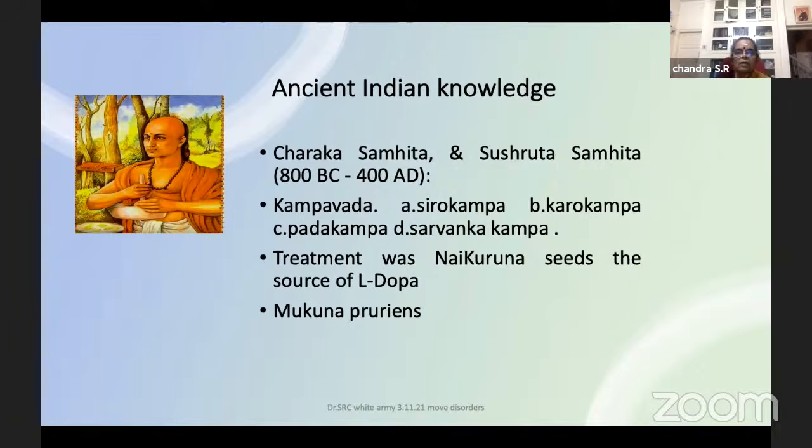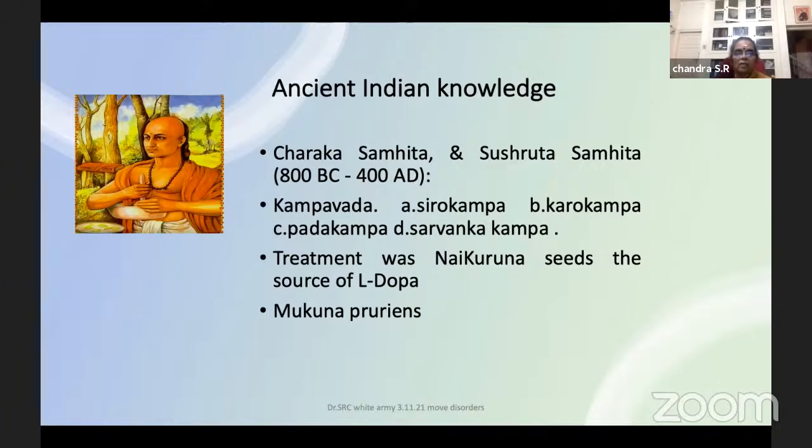And the treatment was Naikurna seeds. That is the source of L-DOPA, that is Mucuna pruriens. I always tell that Lokah Samastah Sukhino Bhavantu, Annadana, Vidyadana, Shilchadana, that was our ancient culture. It was practiced.